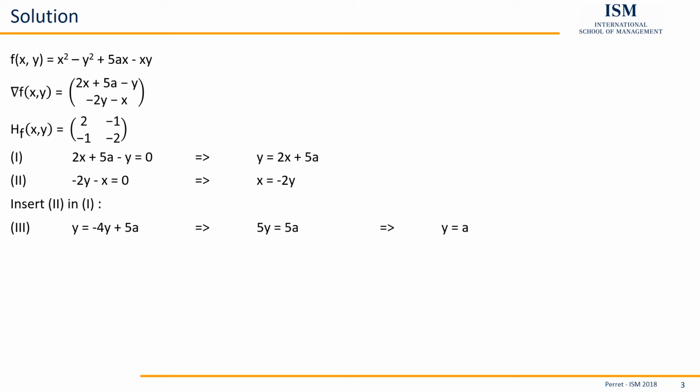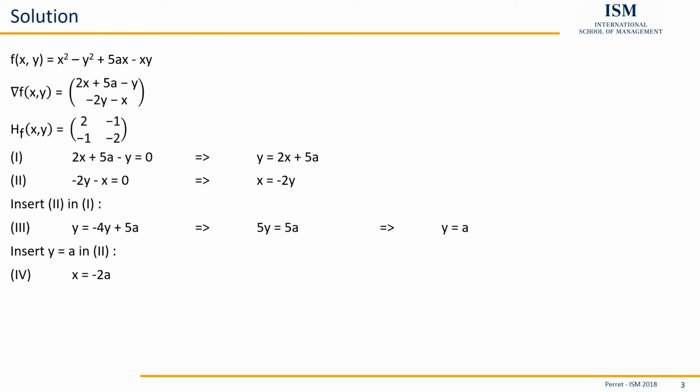We get 5y being equal to 5a. Dividing by 5, this gives us y is equal to a. This then is inserted into the second equation and delivers us an x of minus 2a. So we have our possible extremum at minus 2a, a.